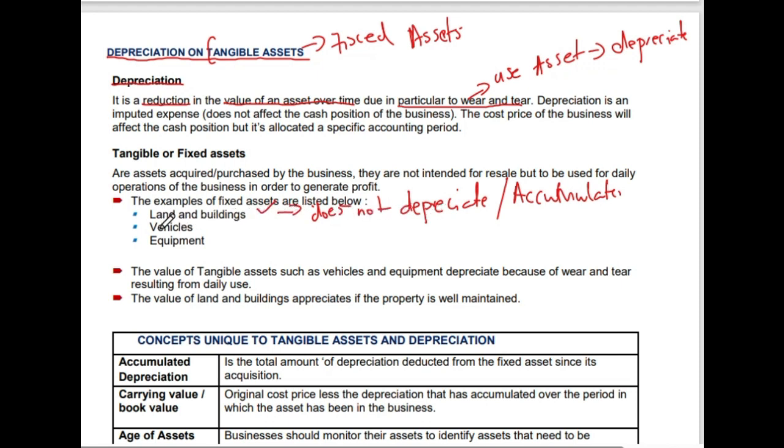But the fixed assets that do depreciate will be a vehicle, because we are using the vehicle in our daily lives, as well as our equipment.